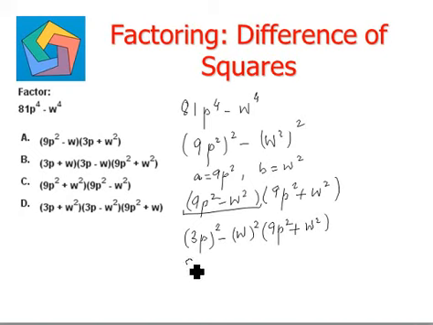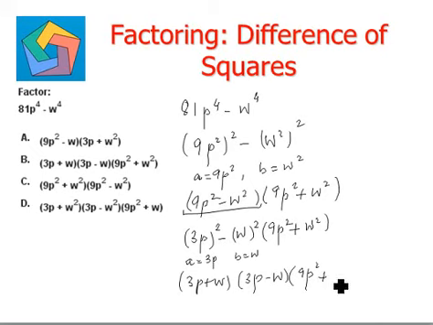I have a as 3p and b as w. So we write down this as 3p plus w times 3p minus w times 9p squared plus w squared. This is the final answer and can be seen in option B.